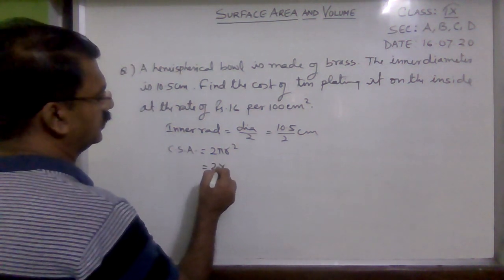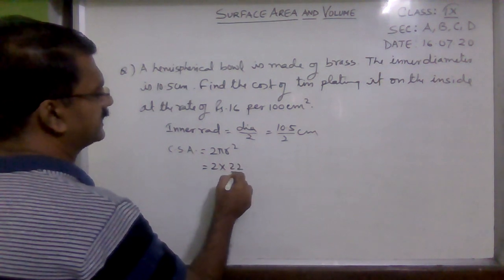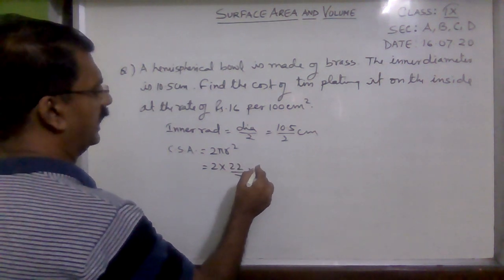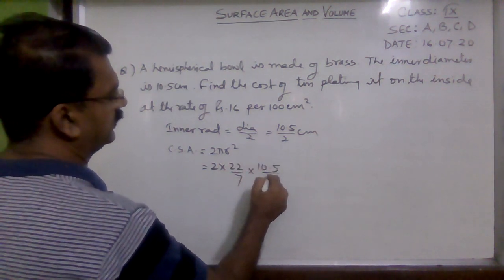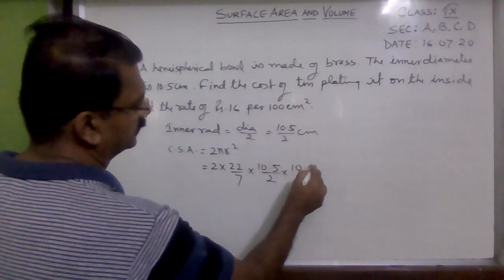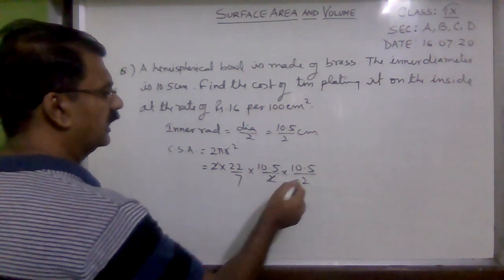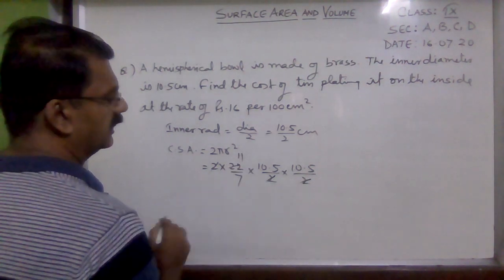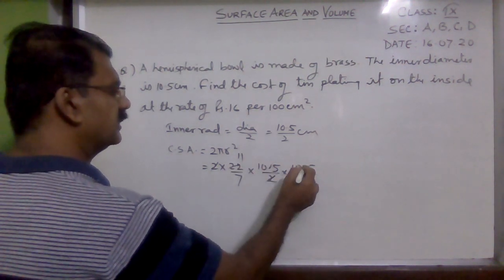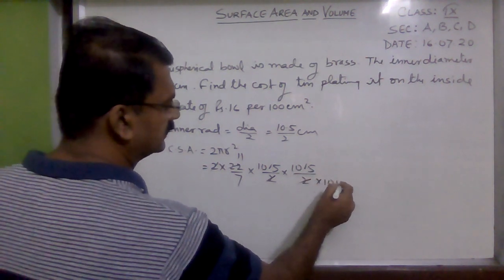So 2 into 22 by 7 into r square, that is 10.5 by 2 into 10.5 by 2. Okay, now we can cancel 2 here and another 2 from here. If you remove both the decimals, then you will get 100 here.